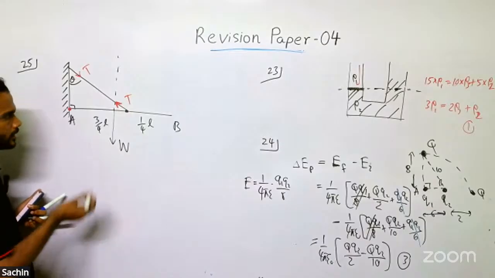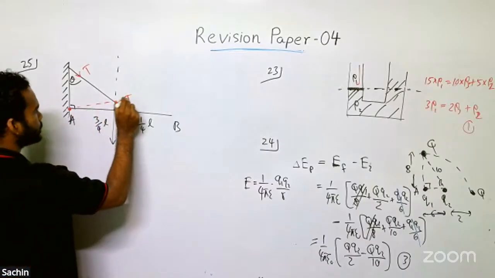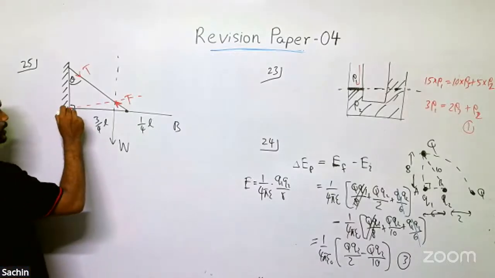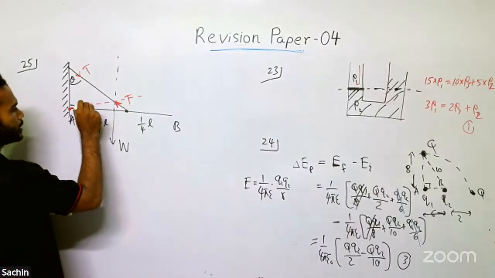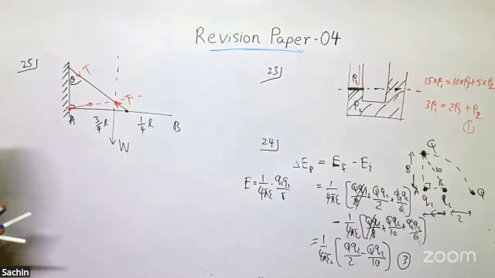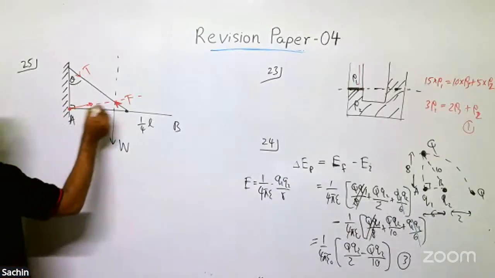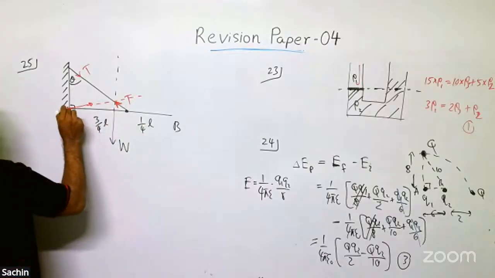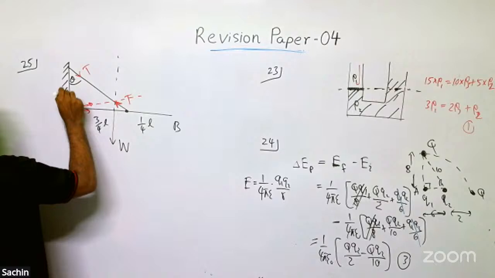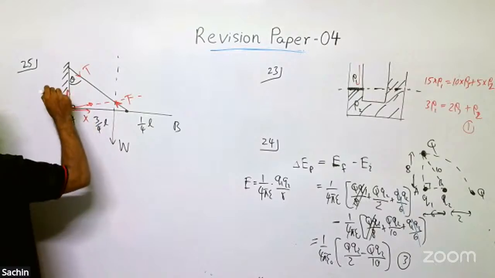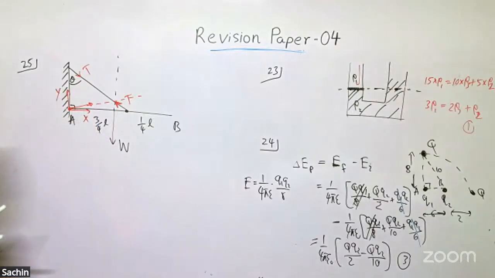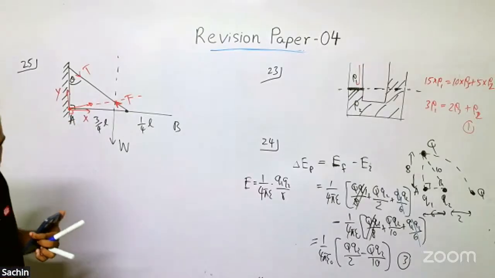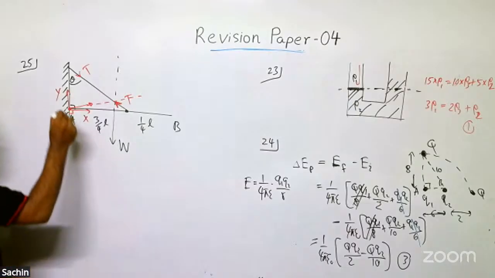Three forces. So if there are three forces, then the lines of action should be passing through the same point. That means the reaction should be something inclined. In physics, we don't normally use geometry for these questions. We can consider this inclined reaction as the sum of an x component and a y component. Basically, this x component is the perpendicular reaction, that is the reaction that we know.